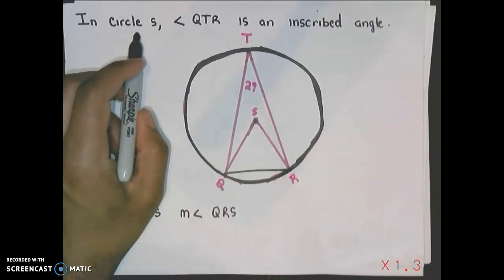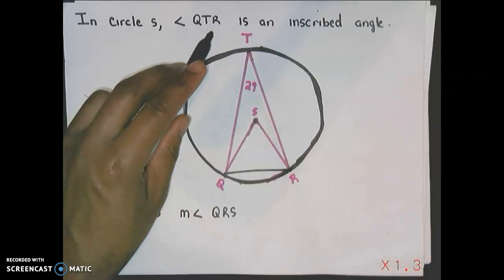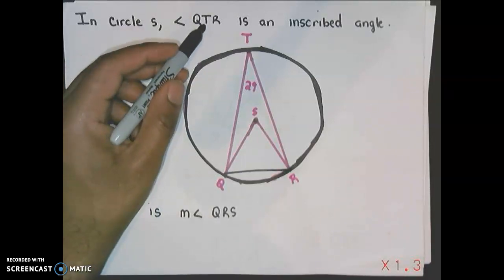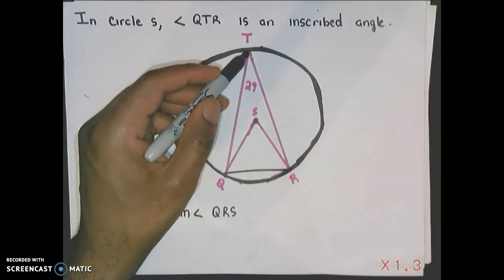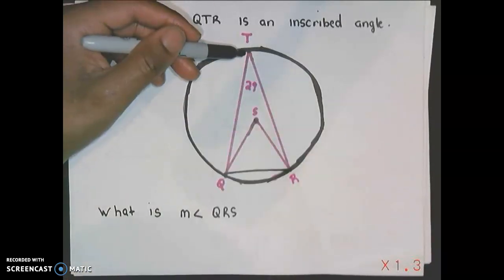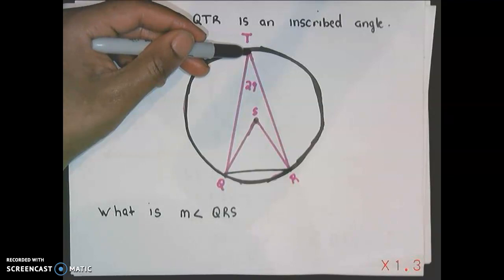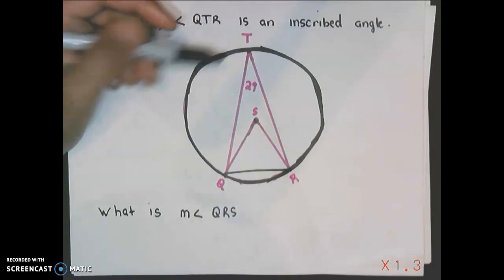So the angle is QTR, and the angle is really always going to be the letter in the middle. So QTR is really just this angle T, which is an inscribed angle. And you know that's an inscribed angle again because the vertex is on the circle.